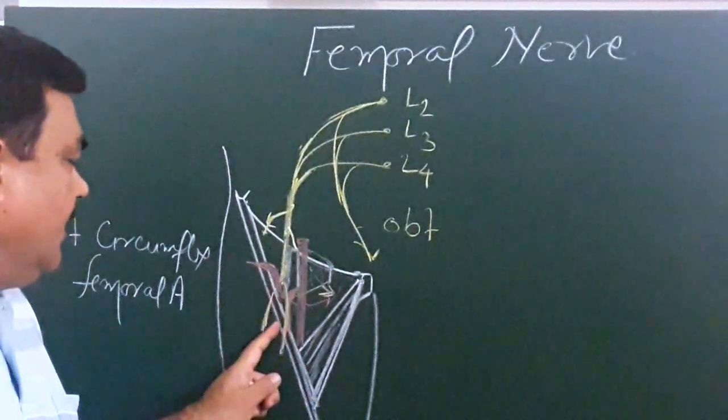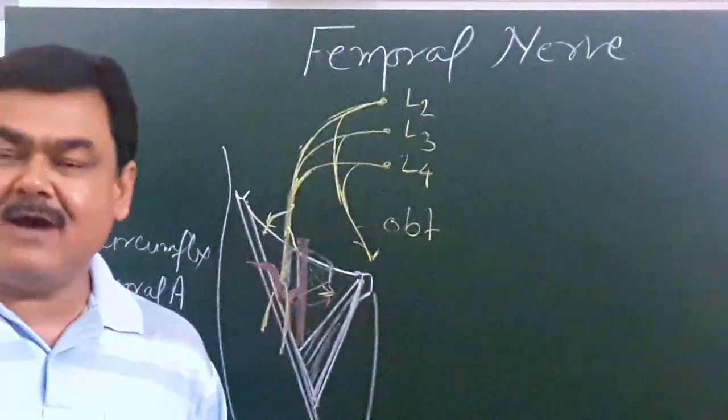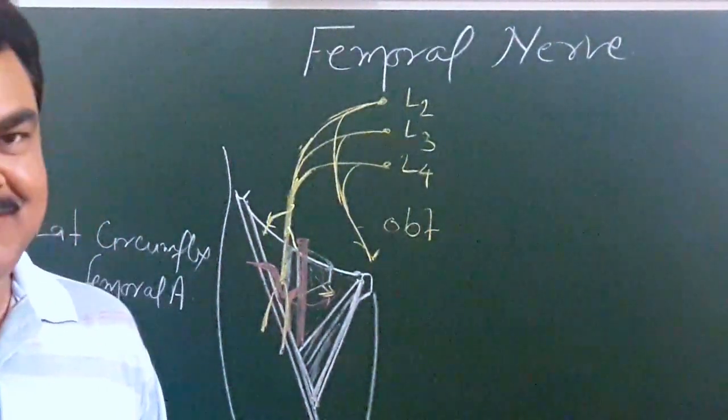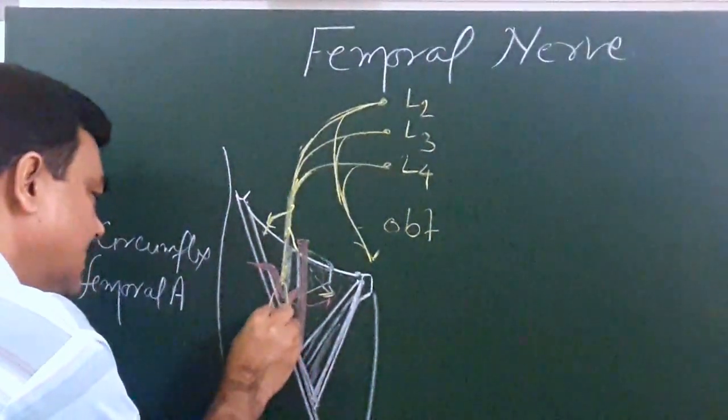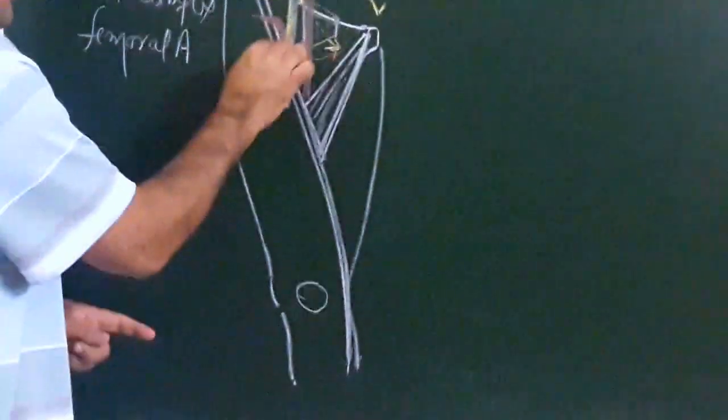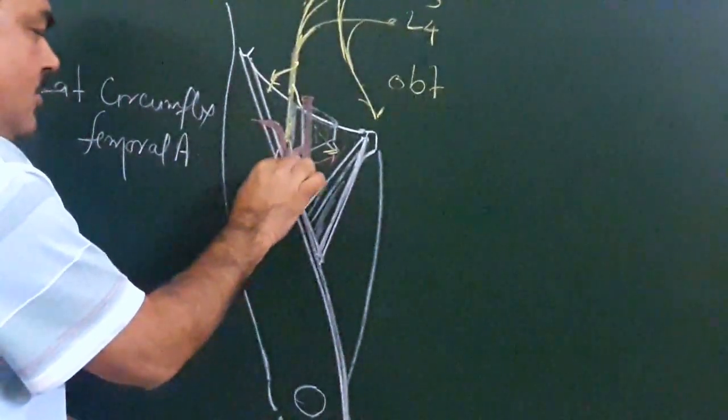Branches of the anterior division. First of all, we will discuss the muscular branches. This anterior division gives a branch to this muscle. This muscle is sartorius.